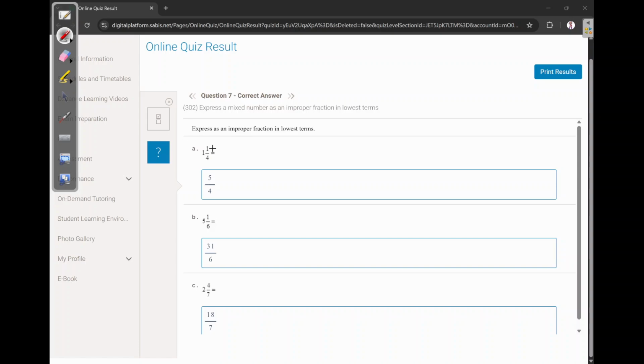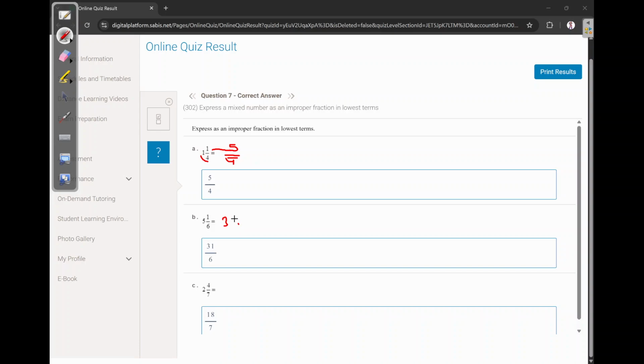Express it as an improper fraction in its lowest terms. We times the whole with the denominator, which is 4, and then we plus the numerator. So this now is 5 up because we plussed it. Okay, and now 6 times 5 equals 30.